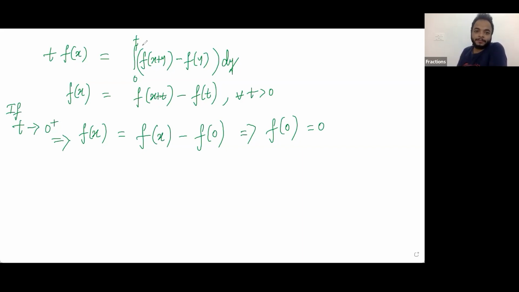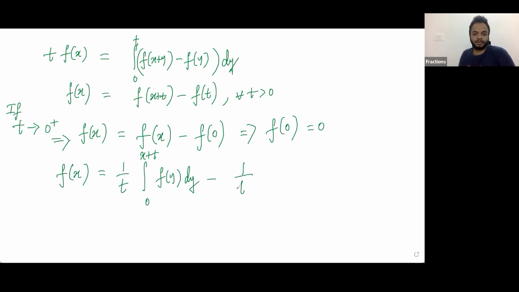Now, the next thing is that if you notice, f of x is equal to 1 over t integration 0 to t, if you just change the variable to x plus t, so you can write the integral of f of y dy minus 1 by t, 0 to t, f of y dy.